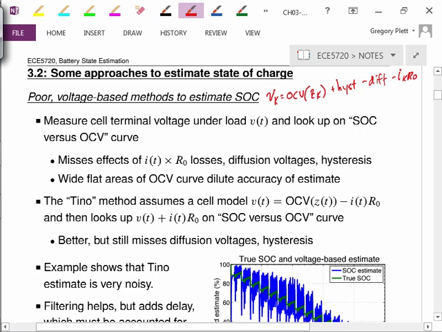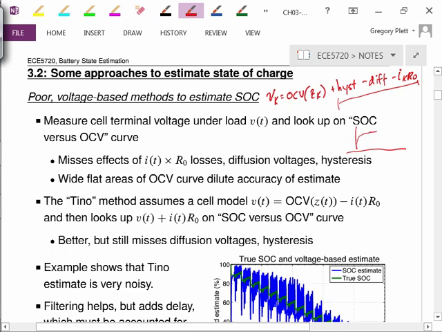If for some reason I were to assume that all of these were negligible, then I would have a relationship that said the terminal voltage is equal to the open circuit voltage. And the open circuit voltage is something we know how to measure. We looked at that in the last course.